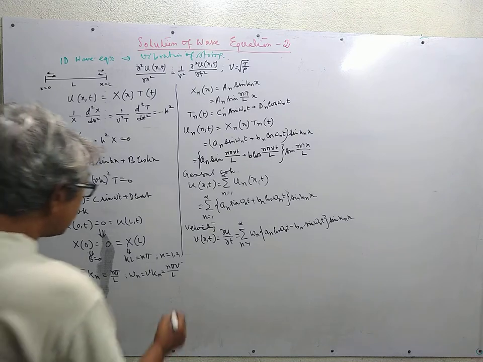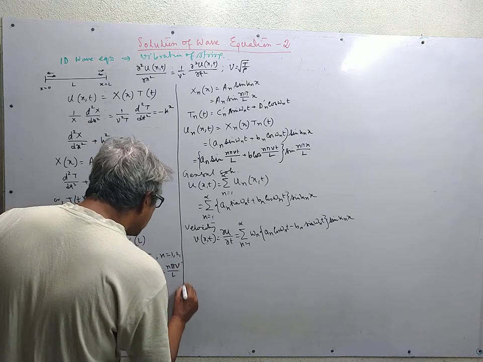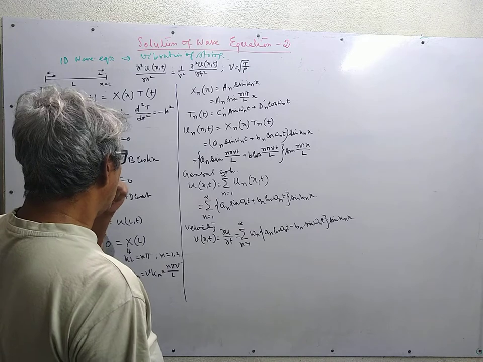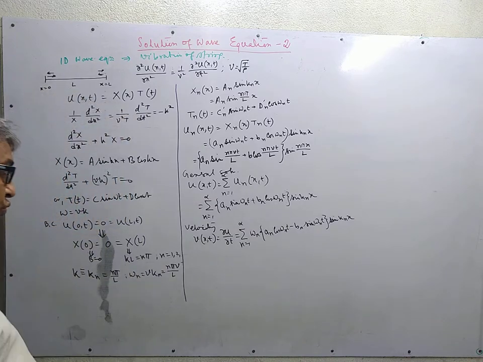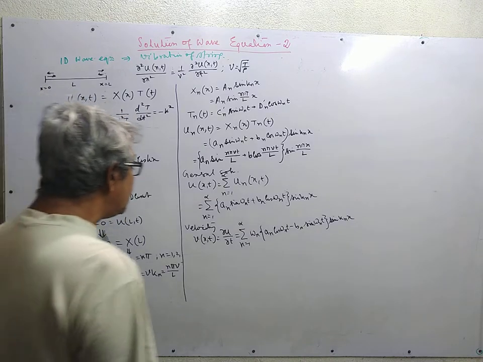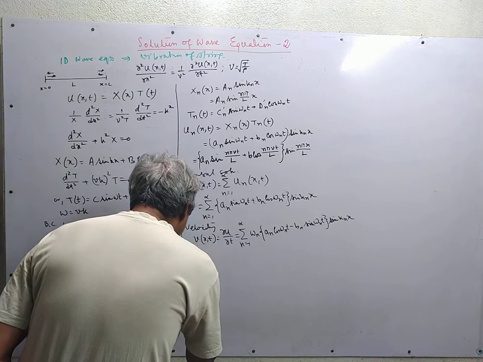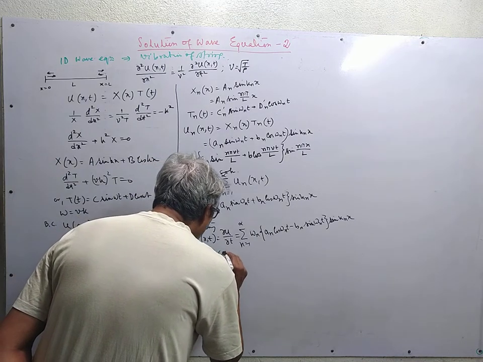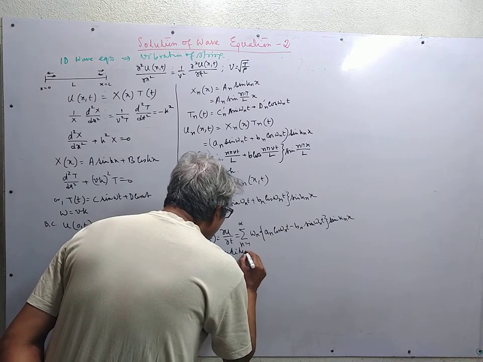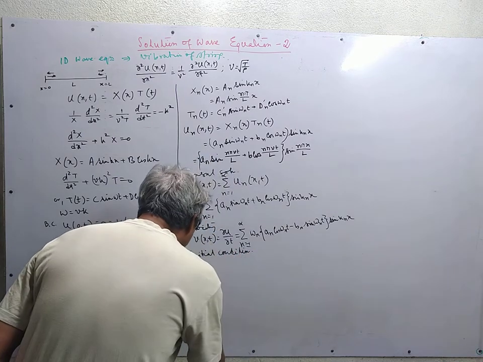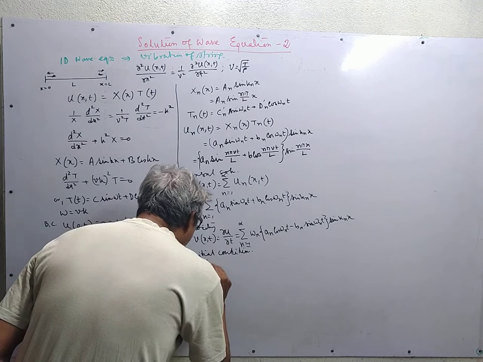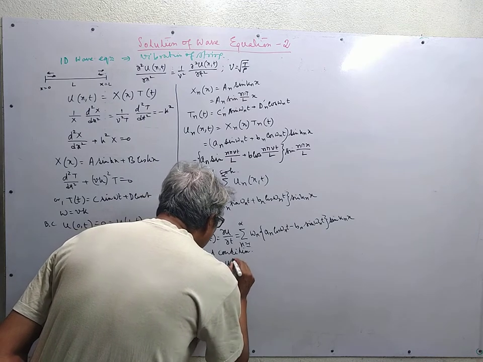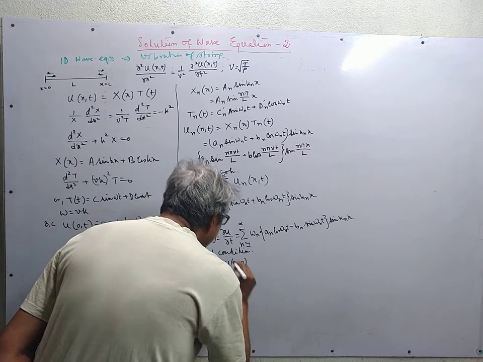Sometimes when we set the string in motion, we are supplied with two initial conditions. That is the initial displacement and the initial velocity. Initial velocity u0 of x is equal to the time derivative of u at x, t equal to 0.